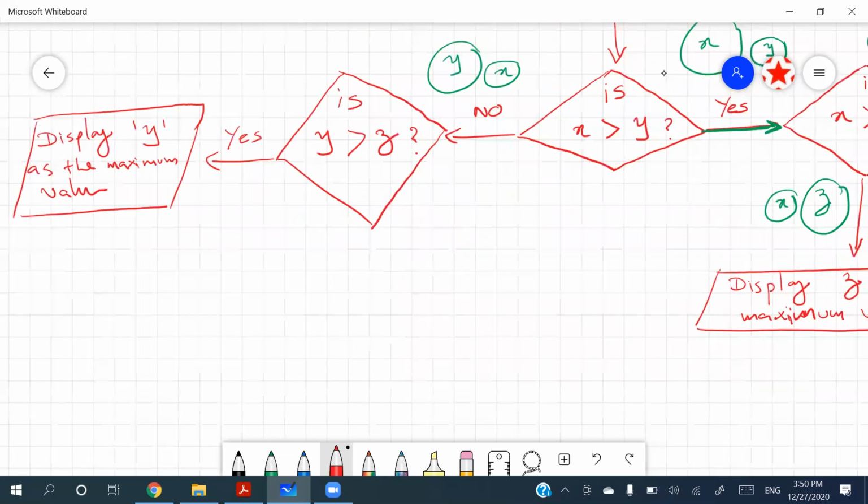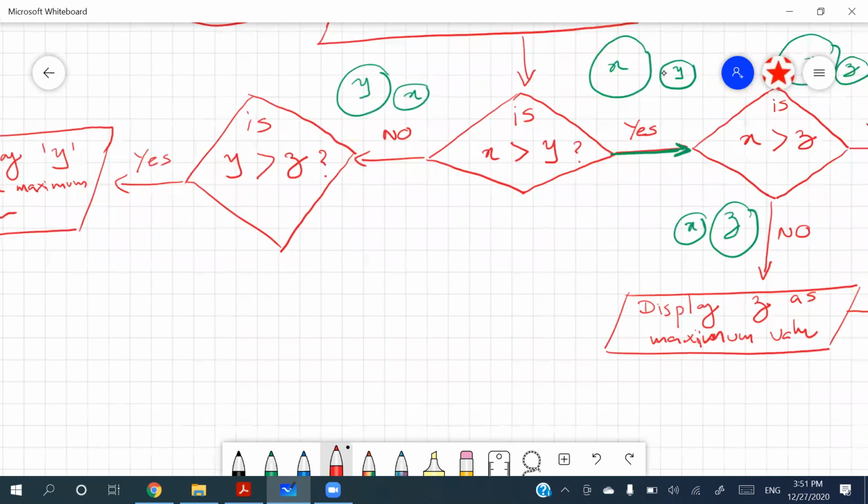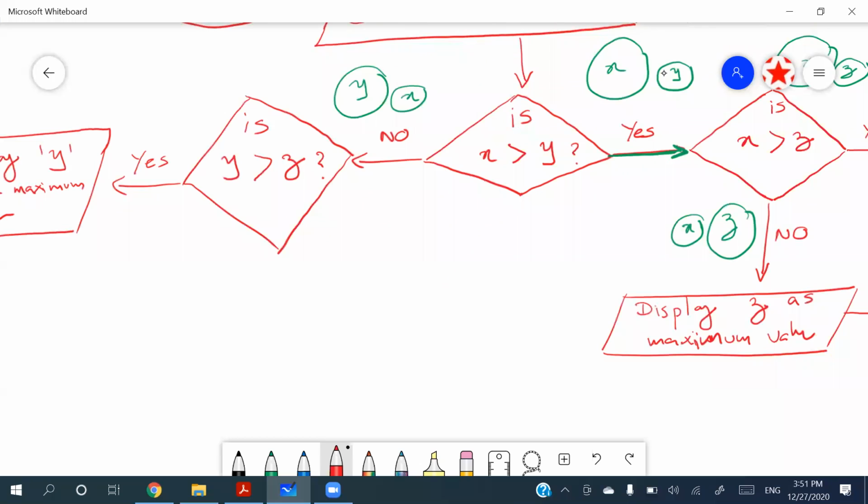And if it is no, what? You have to display Z, right? So in that case, you can connect this to this particular point, or rather, without connecting it to that particular box, the most appropriate way is connecting it to the flow. So then it displays Z.